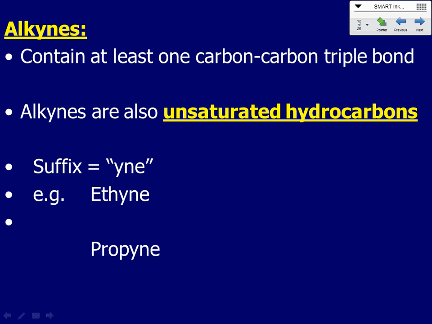Again, when I get to butyne, I would have to have numbers to position the triple bond. So again, I'd have a 1-butyne and a 2-butyne.